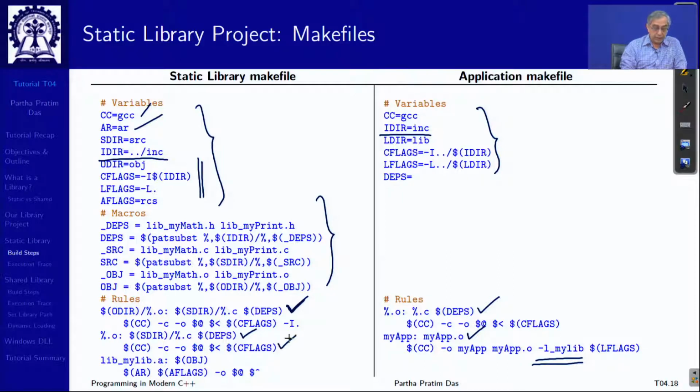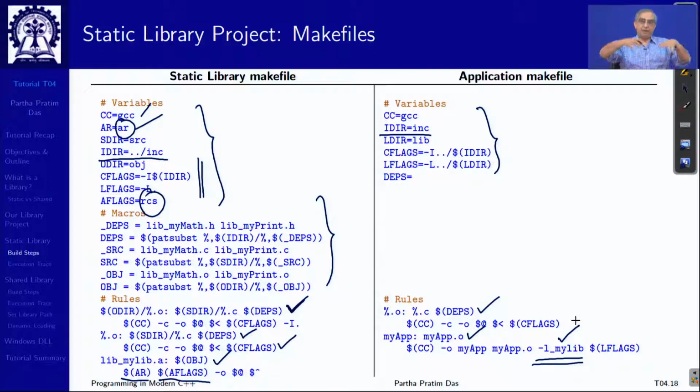This is the .o, and here you have the archive command. So, you have $AR which is AR, you have $A flags which is RCS. In that process it builds. So, once you have run this make file, your static library will be built and then you can use that in your application make file to build the final application.